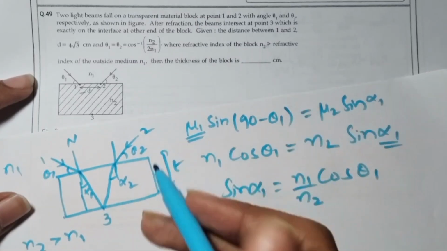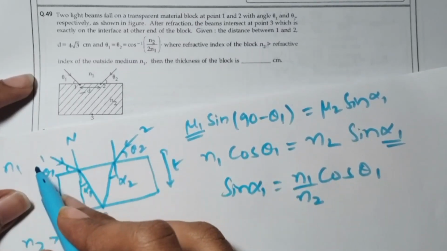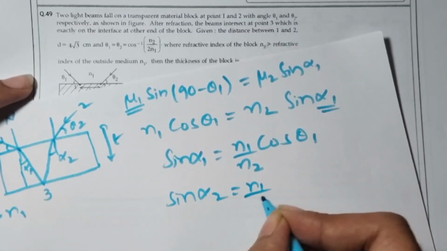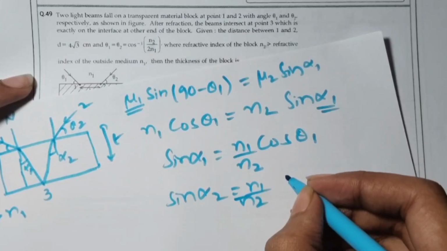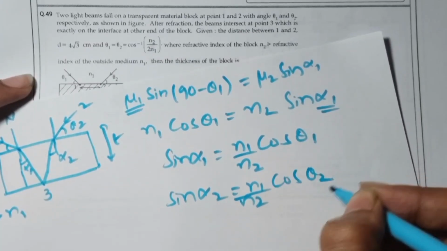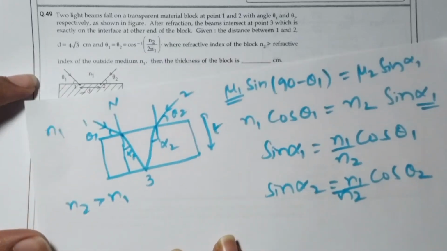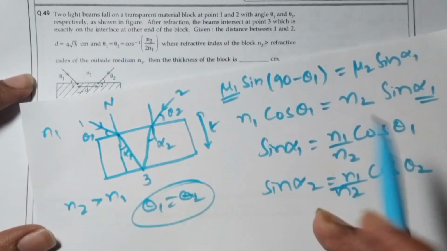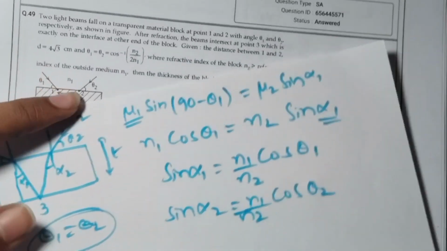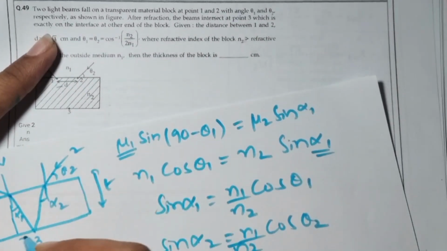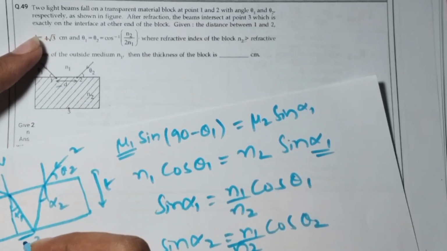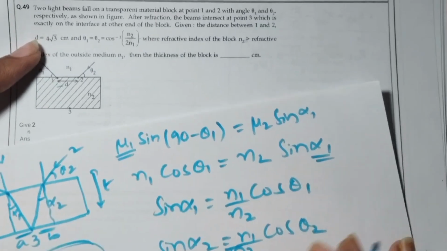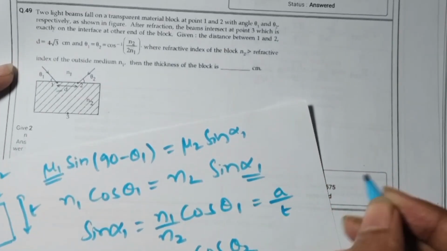Similarly, the same happens with the second ray also. So sine alpha 2 equals, I am writing directly, I hope you will understand, n1 by n2 times cos theta 2. In the question it was given theta 1 equal to theta 2. Now let us assume this distance as A and this distance as B. So sine alpha 1 is A by T, right?